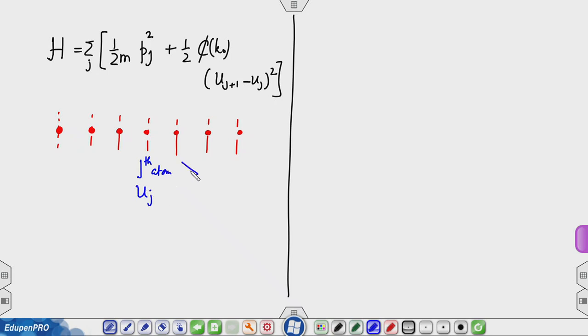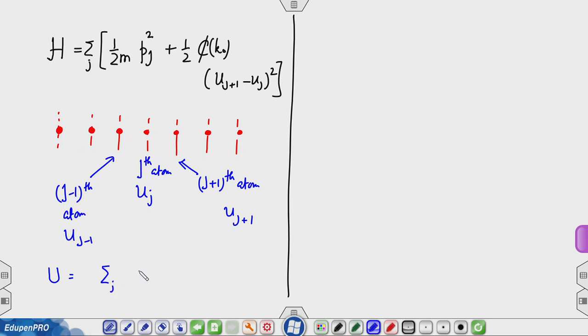So, next one is j plus 1th atom, this one is j minus 1th atom, and their displacements are u j minus 1, u j plus 1, and within this nearest neighbor harmonic interaction, the potential energy U of the entire lattice is given as summation over j 1/2 k 0 or c, u j plus 1 minus u j whole square, and p j is the momentum of that atom.